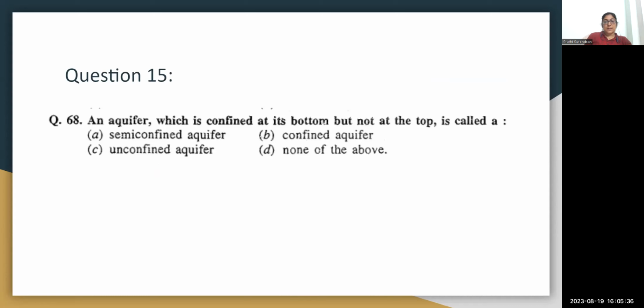Now, what is an aquifer which is confined at its bottom but not at the top? Is it called semi-confined, confined, unconfined, or none of the above? I mean, confined and unconfined aquifers have been repeatedly discussed in the previous sessions.